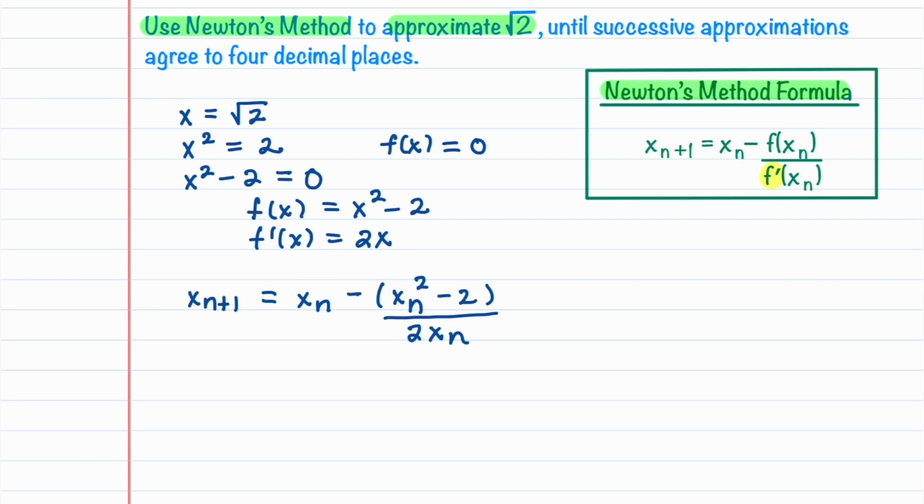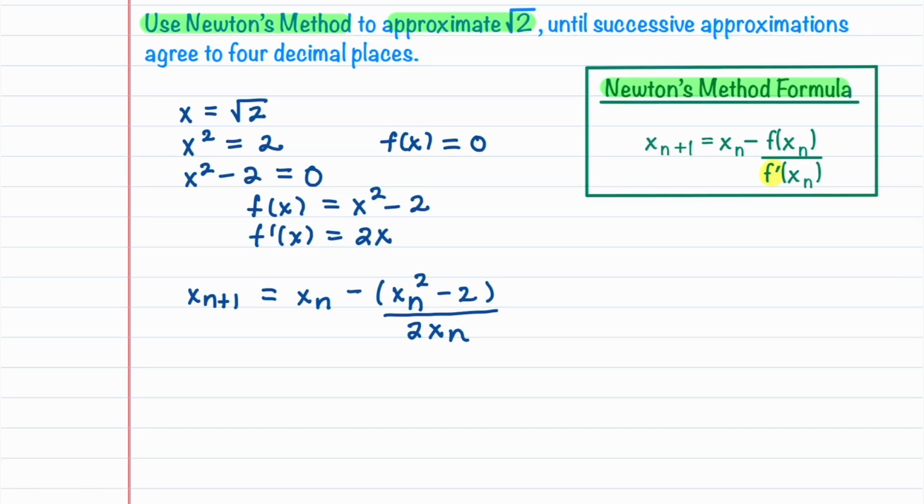Sometimes when you're using Newton's method to solve an equation, you are given an initial approximation, and then sometimes you're not. In this example, we are not given an initial approximation, so we have to figure that out. So let's write down that we need to find x sub 0. X sub 0 is an approximation to the square root of 2. So let's write down that the square root of 1 is equal to 1.